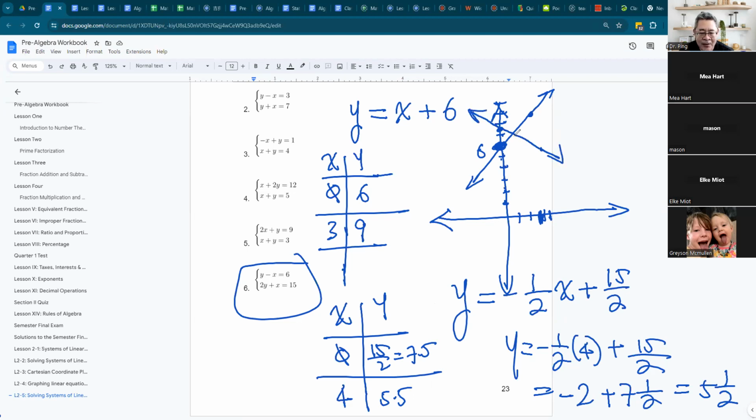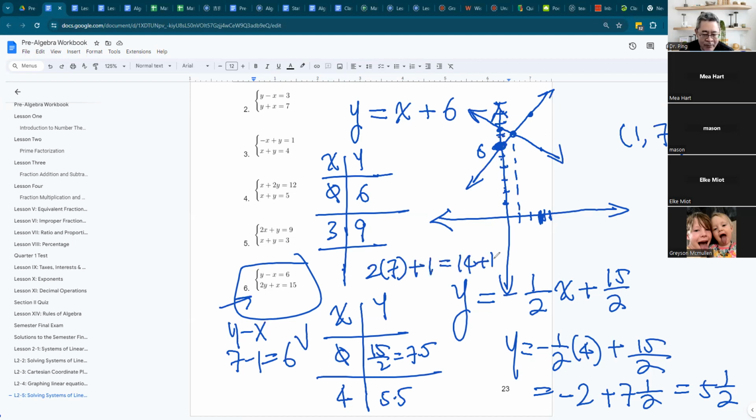So you can see that this part is kind of close to 1 here, and this side is 7. And so 1, 7. Then we can check. Back to y minus x, that's 7 minus 1 is 6, and our right hand side is 6. That's good. And for the second equation, 2 times 7 plus x, which is 1, that's 14 plus 1, 15.